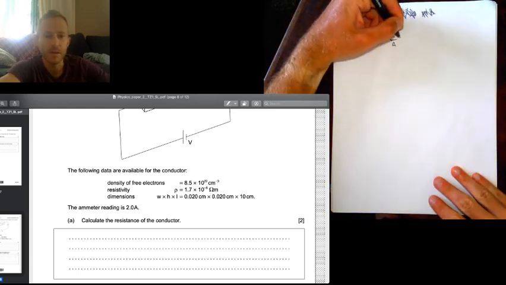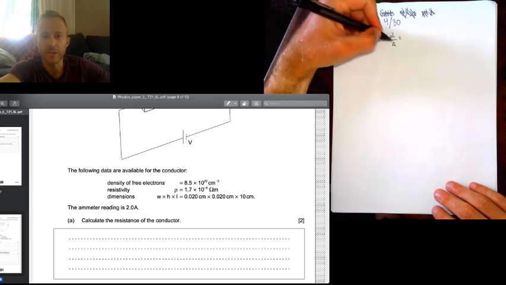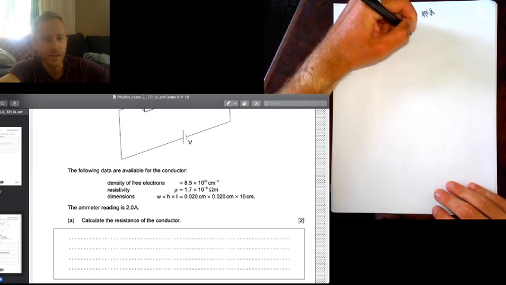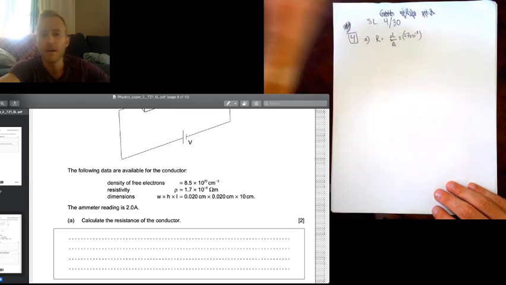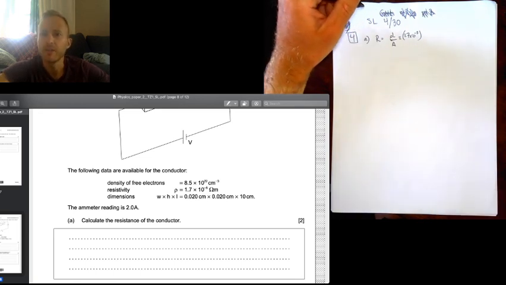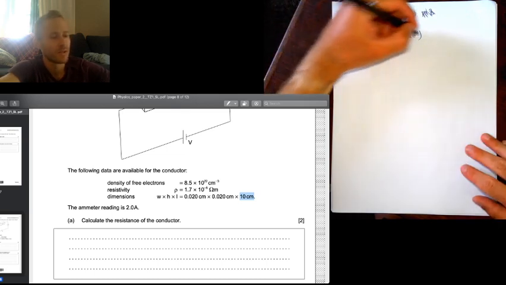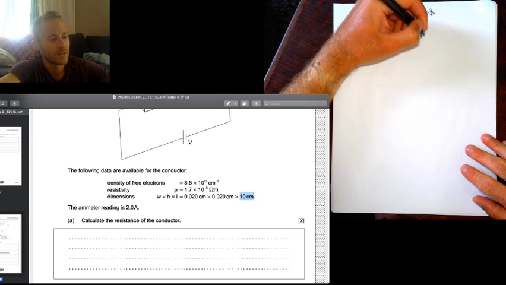The resistivity is 1.7 times 10 to the negative 8 ohm meters. The length, we can see, is 10 centimeters. So that's 10 times 10 to the minus 2 meters.